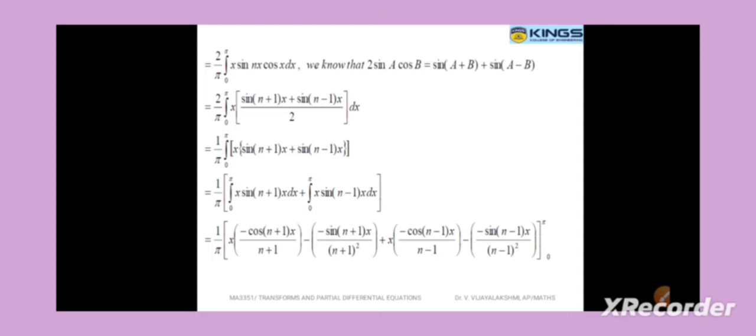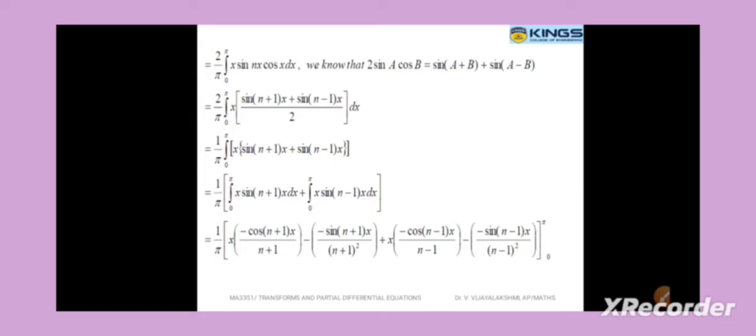Now the integrand is a product of three terms, x sine nx cos x dx. And now you know the formula for 2 sin A cos B: 2 sin A cos B is equal to sin(A plus B) plus sin(A minus B). By using this formula, we can write sin nx cos x dx as sin((n plus 1)x) plus sin((n minus 1)x) divided by 2 into dx.